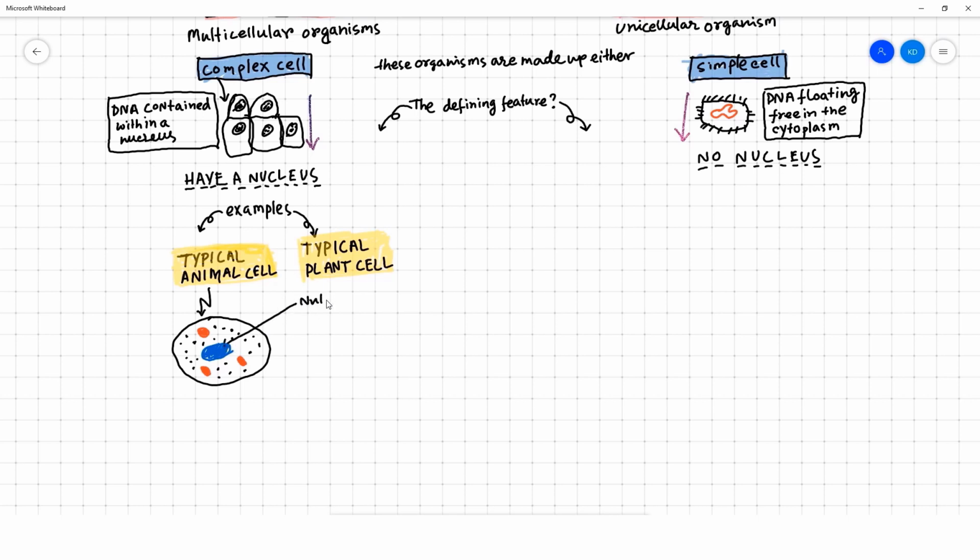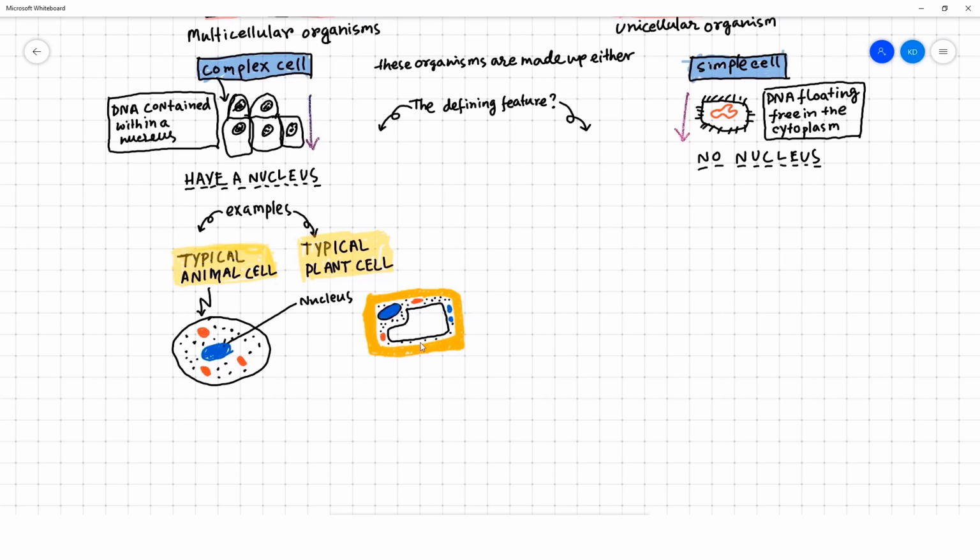Now this is actually the nucleus in the drawing, and this is the typical plant cell. You can see this. Let me draw this one, and you can practice with me. Just red patches over here.